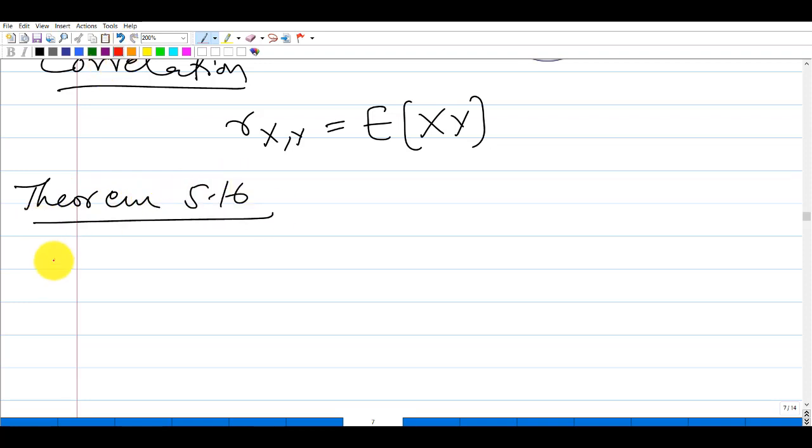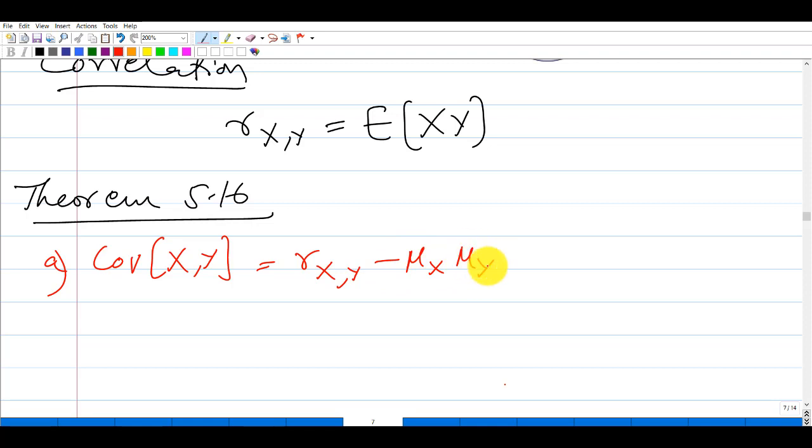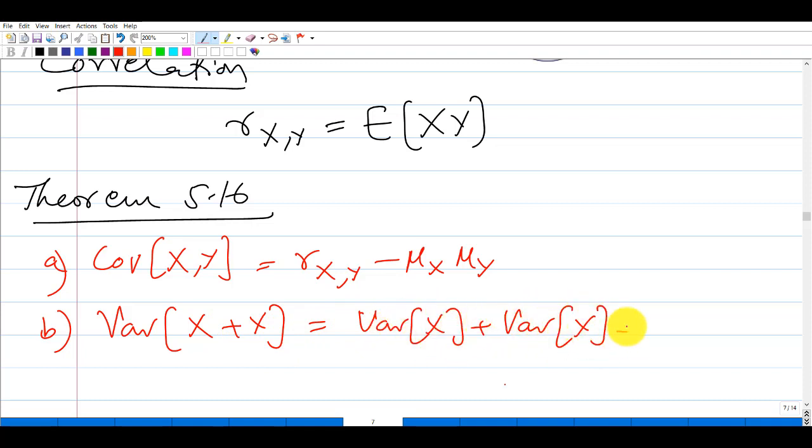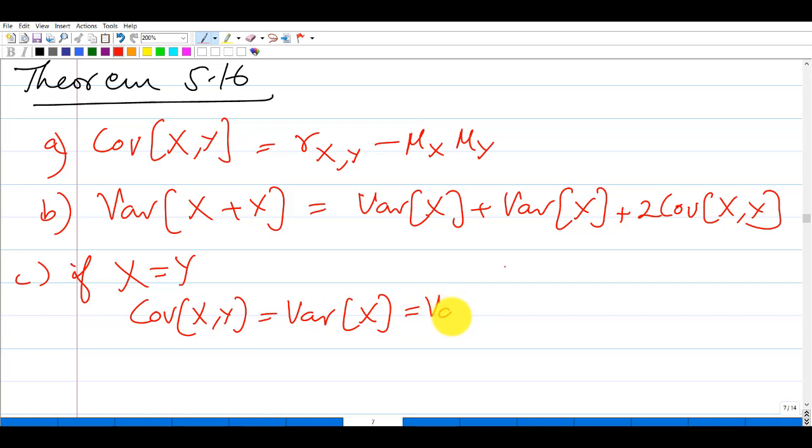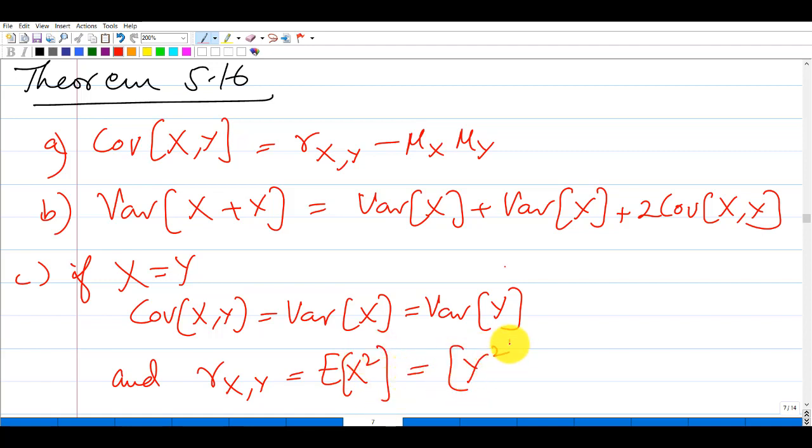It says that the covariance of XY can be written as R XY minus mu X mu Y. Similarly, the second property: the variance of X plus Y can be written as the variance of X plus the variance of Y plus 2 times the covariance of X, Y. And the third says that if X is equal to Y, meaning both are the same, then the covariance of XY will be equal to the variance of X, which is equal to the variance of Y, and their correlation will simply be the second moment.